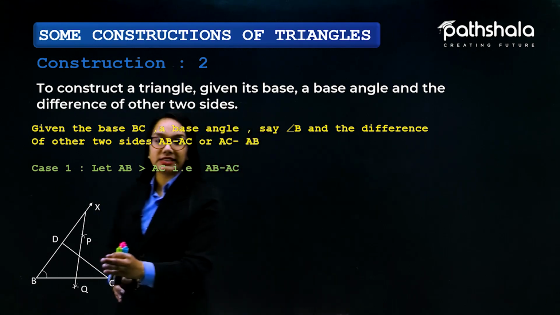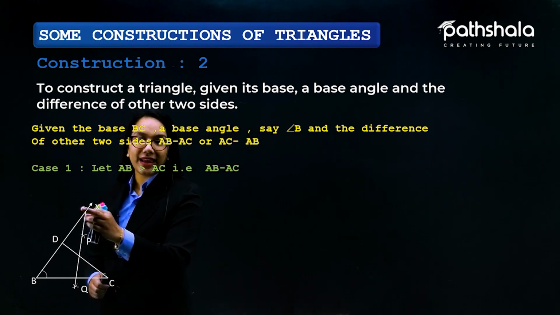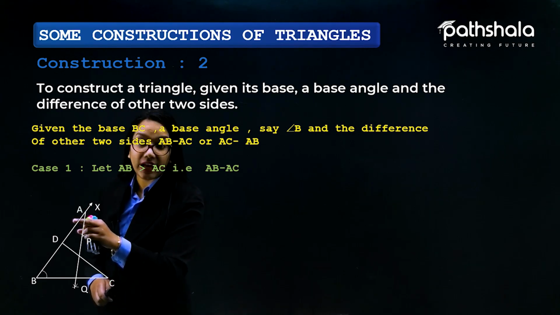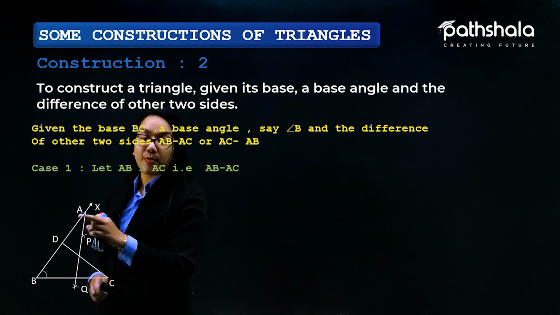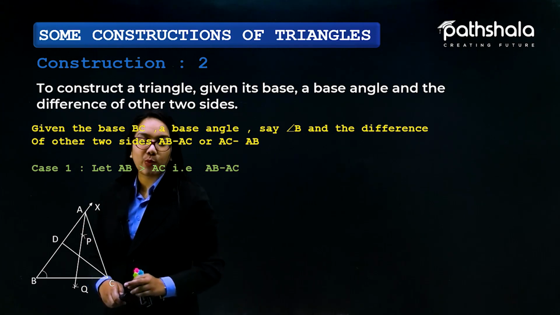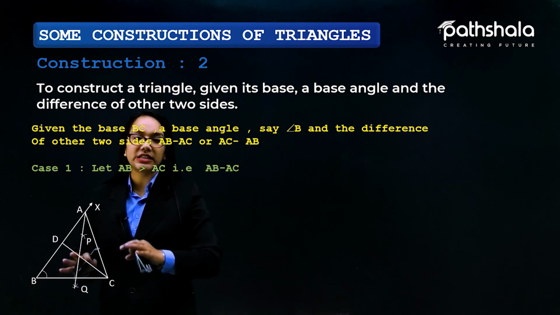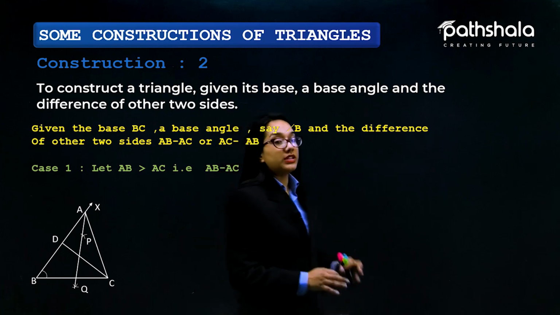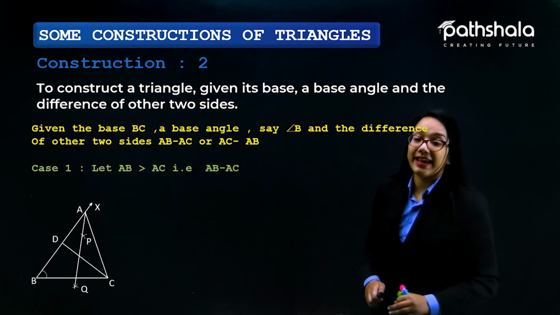Wherever this line intersects the ray BX, that particular point is called the point A. Join this point A with C, and thus this is the required triangle ABC.